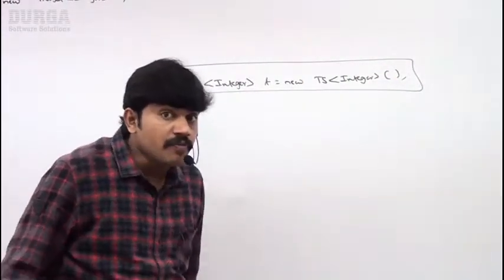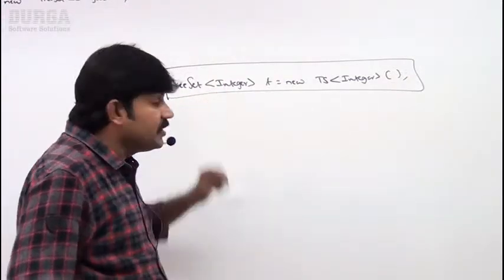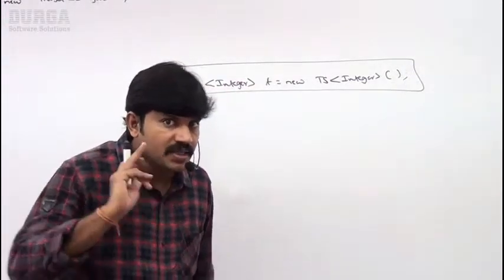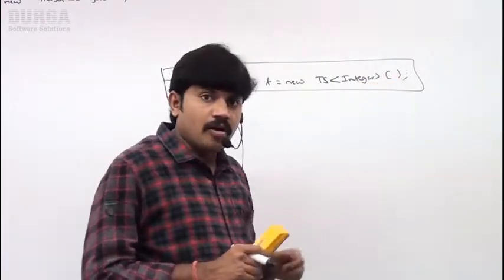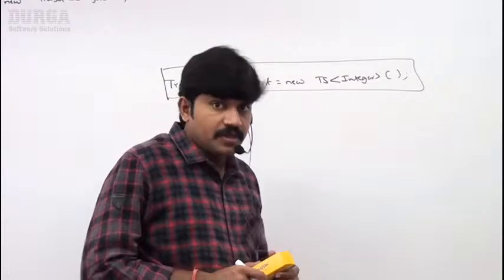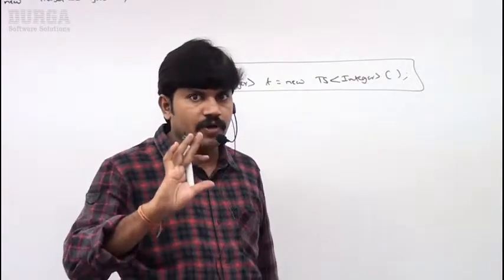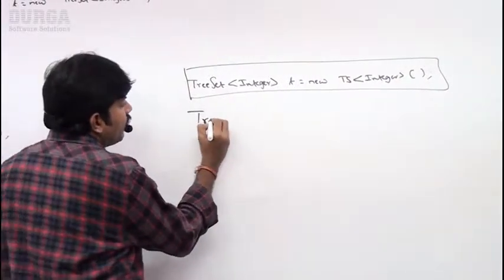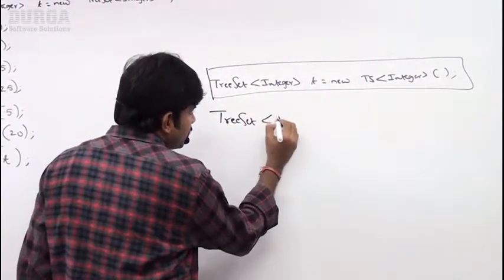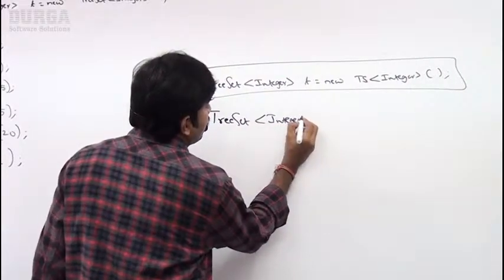Remember this: default natural sorting order for the integers, that means for the numbers, is ascending order. If you are not passing any comparator object, it is always meant for default natural sorting order.